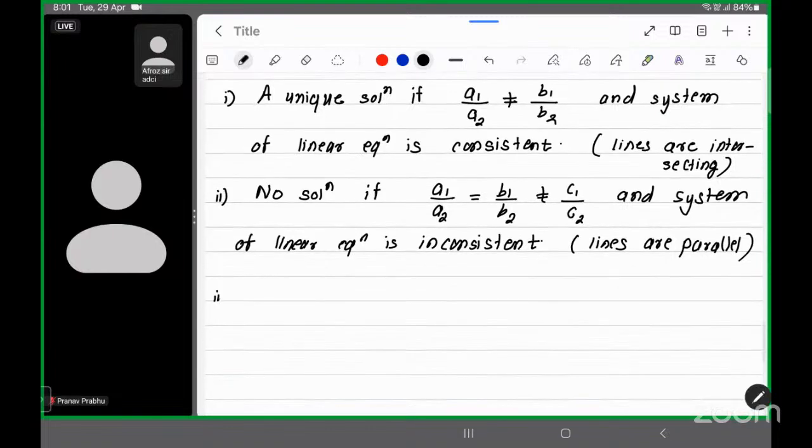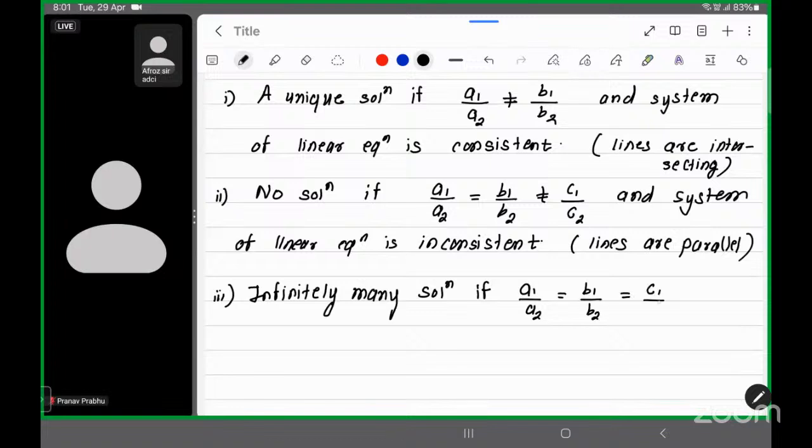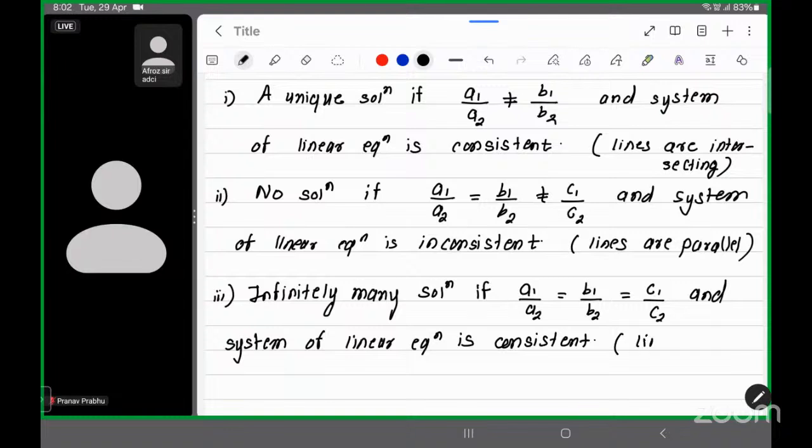The third case, infinitely many solutions, if a1 by a2 is equal to b1 by b2 is equal to c1 by c2, and the system of linear equations is consistent and lines are coincident.